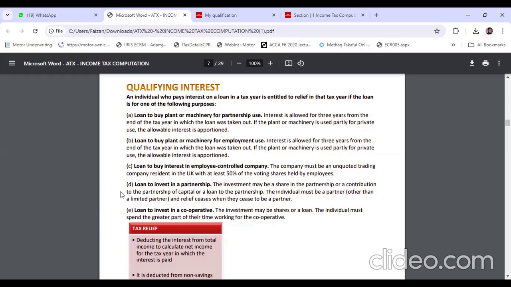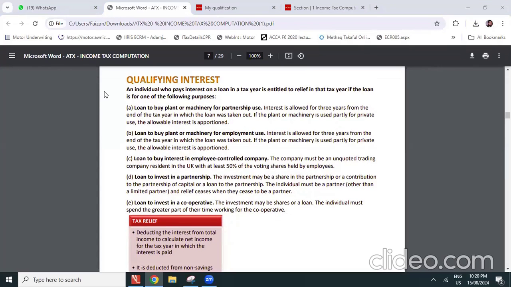We have to decide it. So, we will see for which reason he took the loan. If the reason is one of those five appearing in front of you right now on your screen, the interest for that particular loan is going to be qualifying interest.